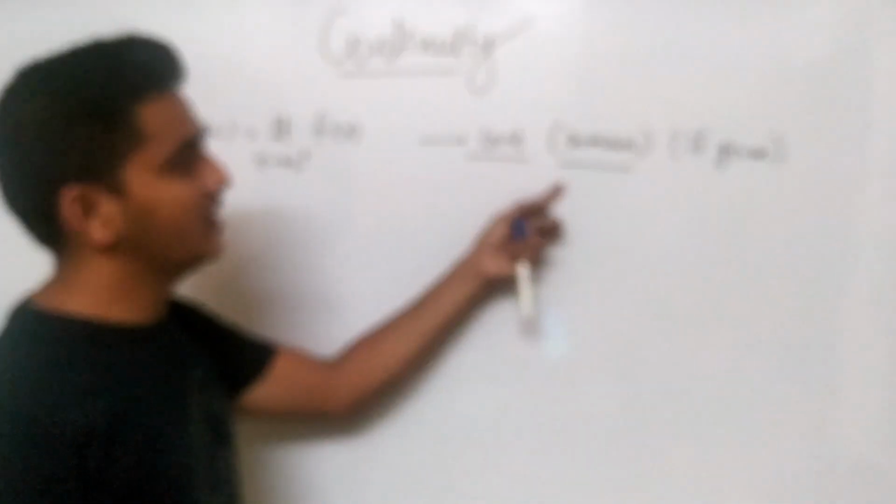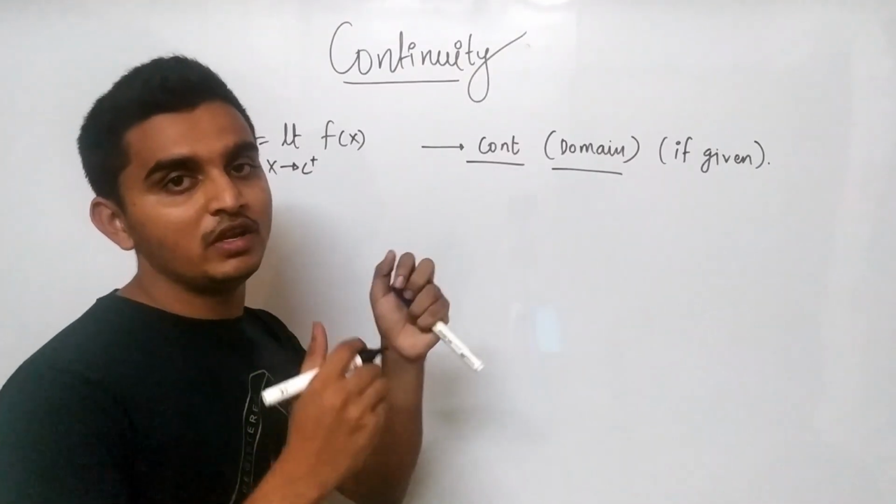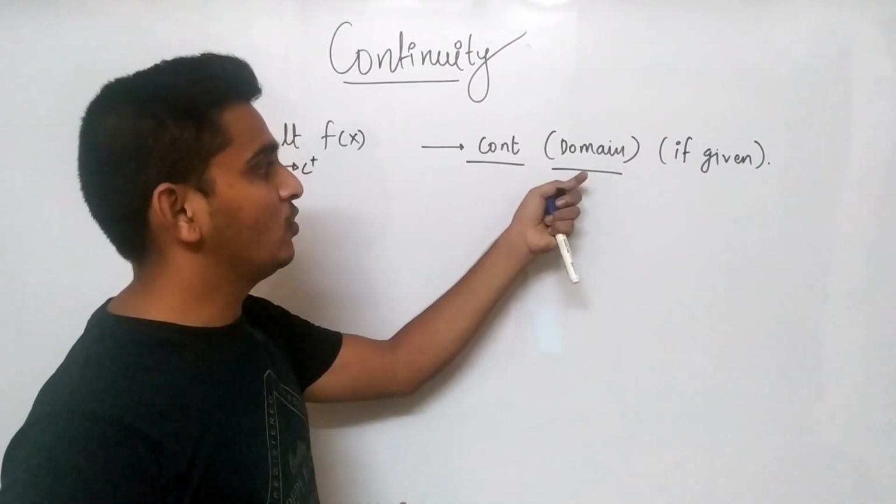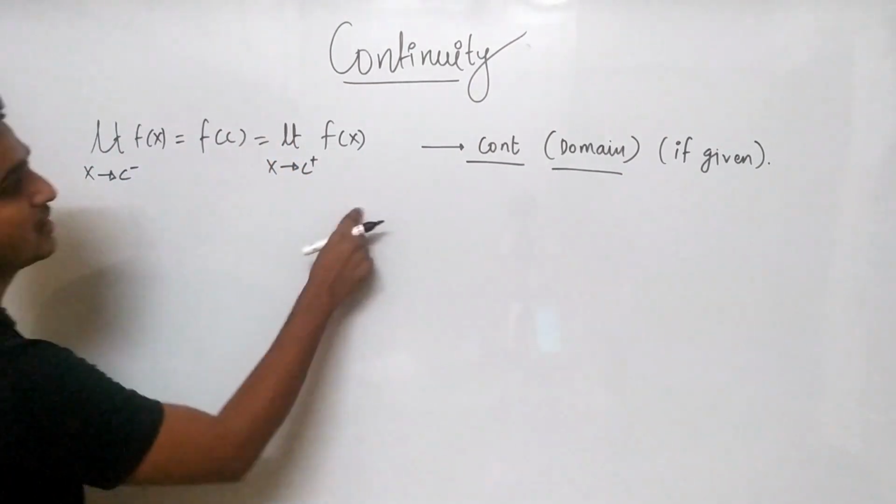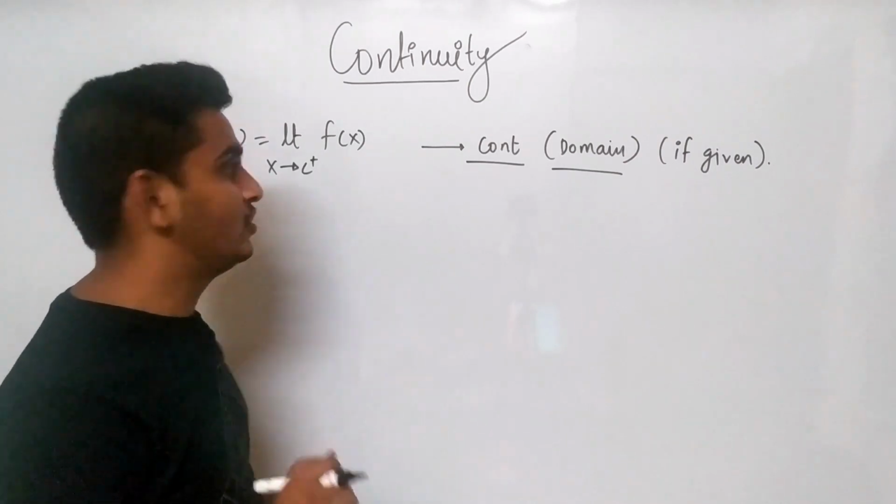Well, what does this mean? It means that if the boundary limits are given, then over that domain, if these conditions are satisfied, the graph is continuous.